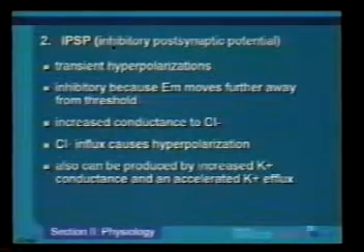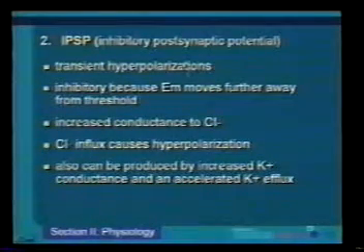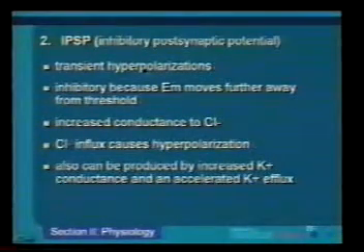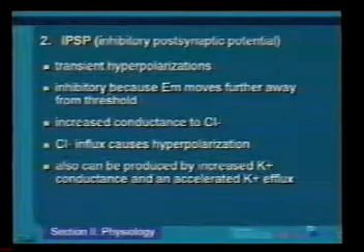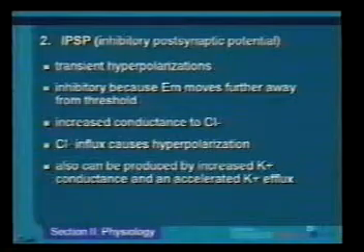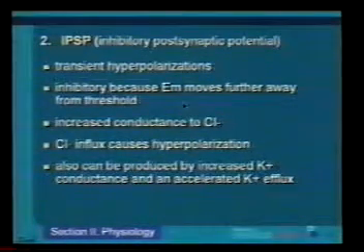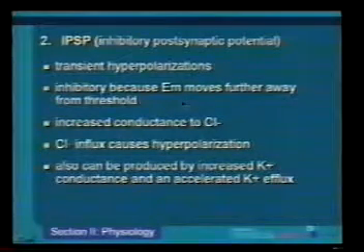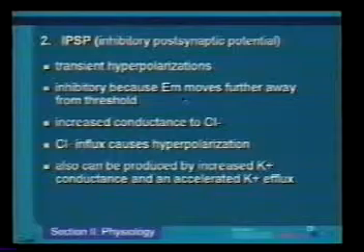An IPSP is an inhibitory postsynaptic potential. It is, as I said, a hyperpolarization of the membrane. It is considered inhibitory because the membrane potential moves further away from threshold. A hyperpolarization moves the cell away from threshold. It is less likely to be excited.